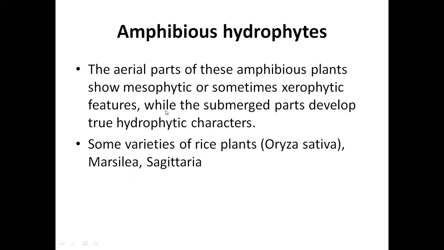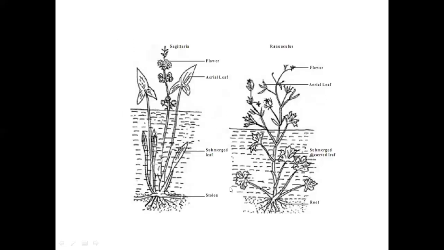So the lower part is submerged within the water and the topmost part of the plant is aerial. We can find both features: aerial parts show normal mesophytic features and submerged parts show hydrophytic features. Some varieties of rice plants, Marsilea, and Sagittaria come under this category.